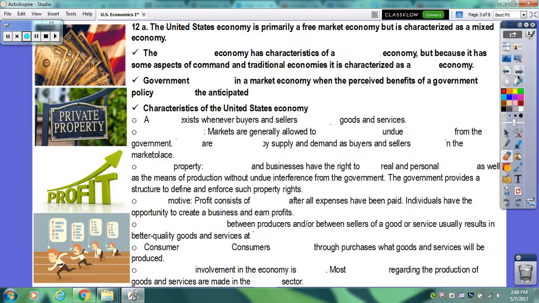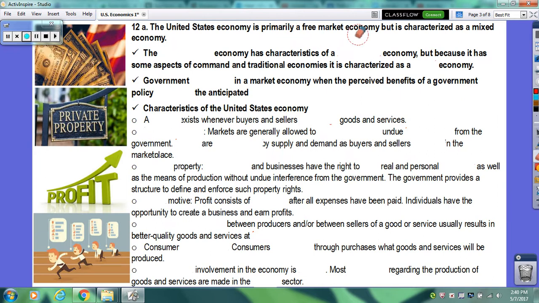So here we go. First point here is the United States is primarily a free market, but is characterized as a mixed economy. The United States has characteristics of a free market, but it's mixed because for the most part, a lot of individuals and businesses are able to make decisions out there in the market, but there are government controls.